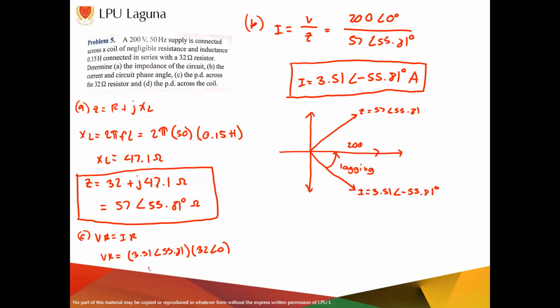And VR is 112.3 bar angle negative 55.81.